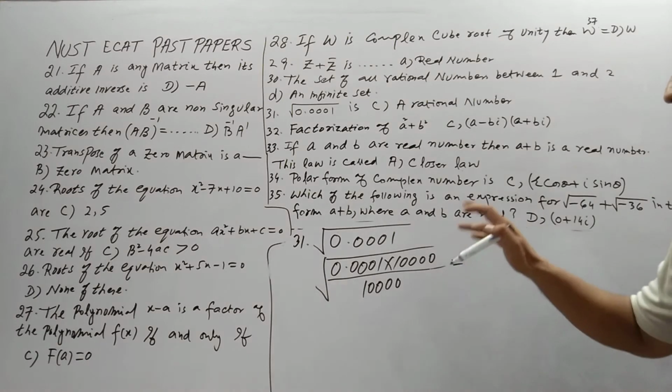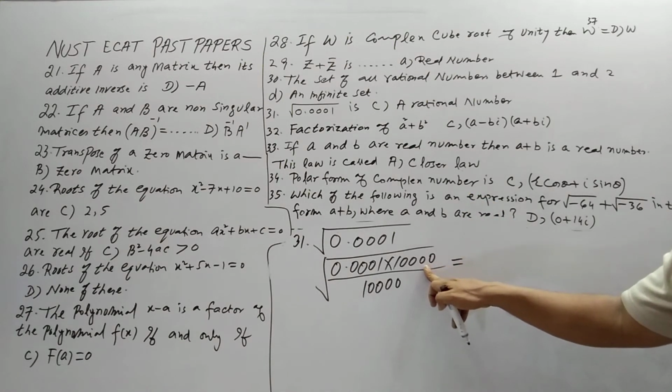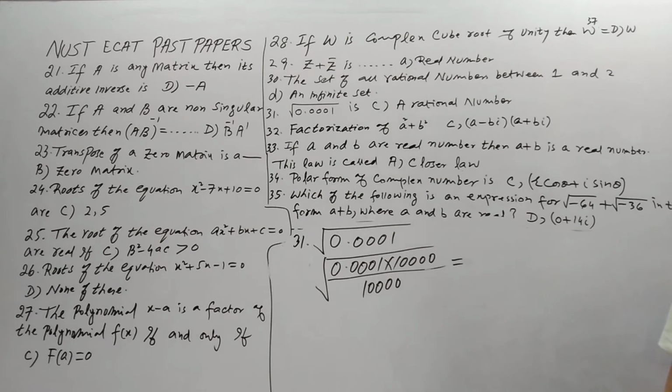Now, if you multiply 10,000 by 0.0001, you will get 1, obviously.